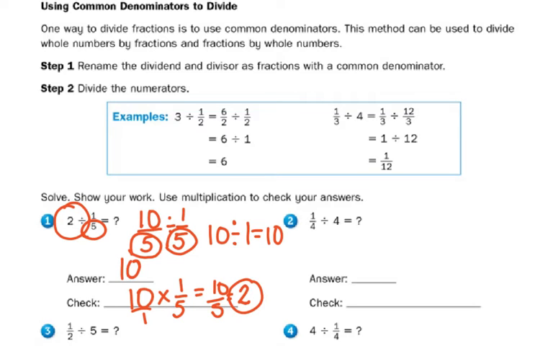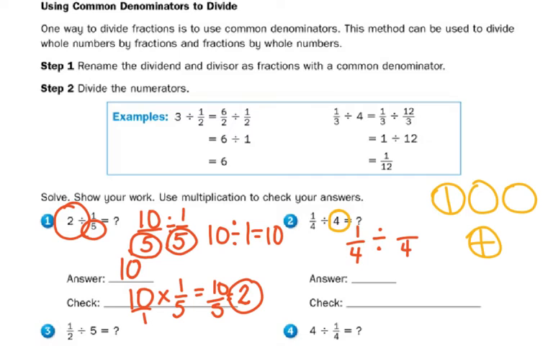Number 2, we're going to take 1/4, go ahead and rewrite that, divided by, now we want to keep the denominator the same as 4, but we want to turn that into 4 wholes. So if I had 4 wholes and I divided them into fourths, if you counted all of those parts, 4 circles times 4 in each circle would be 16 fourths.